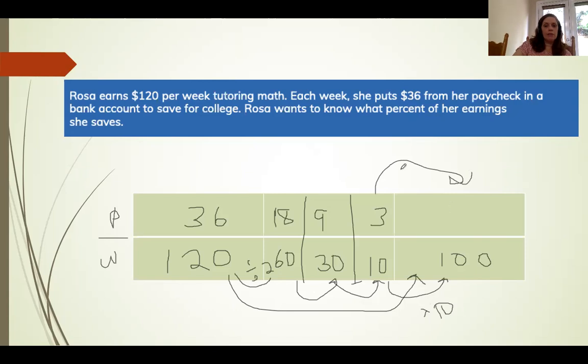So 3 times 10 equals 30. So I have 30 over 100. Percent means out of 100. So my percent is going to be my numerator, what is on top of my 100, and that is 30.